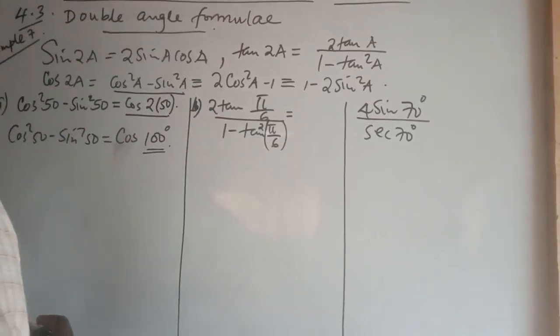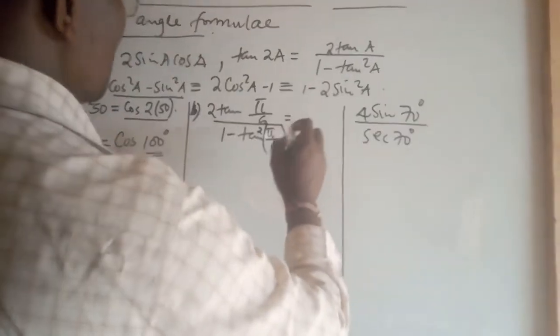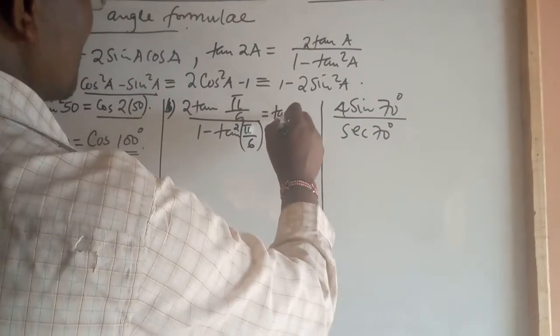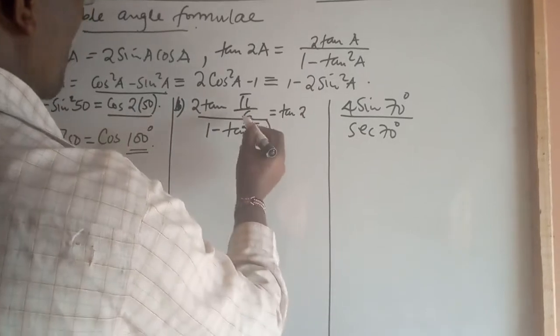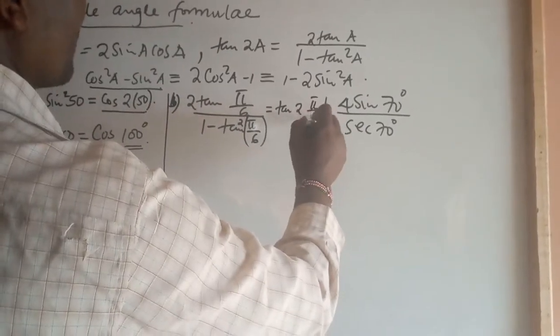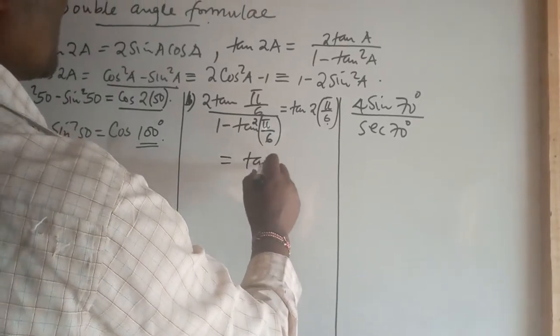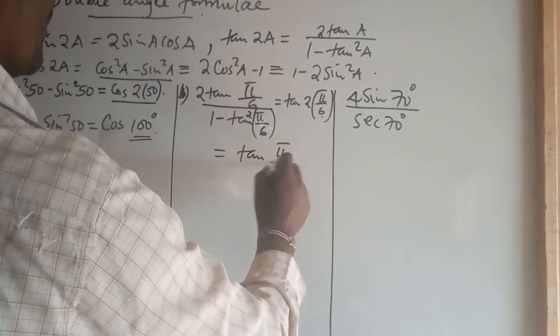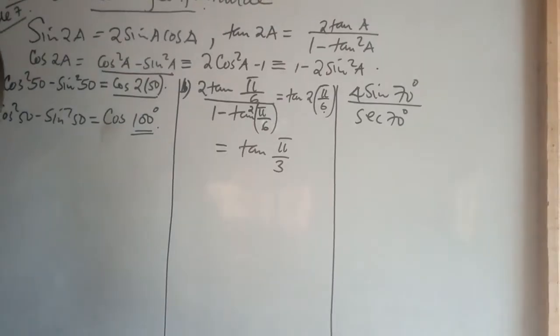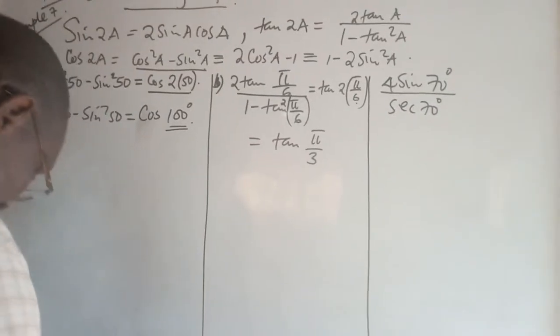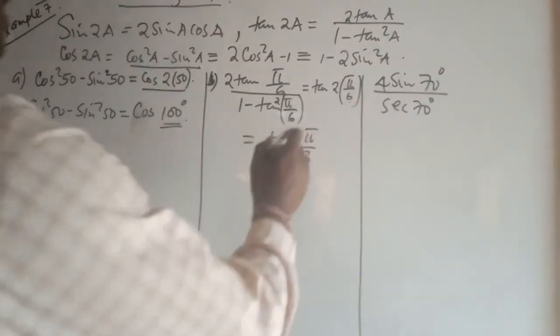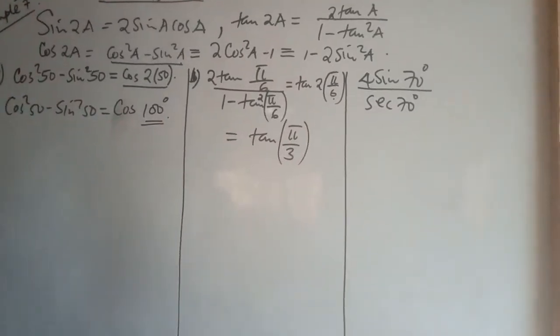What is the tangent of 2A? This is equal to the tangent of 2 times pi over 6, and basically, this is the tangent of pi over 3. And that is just what we need to show: the tangent of pi over 3.